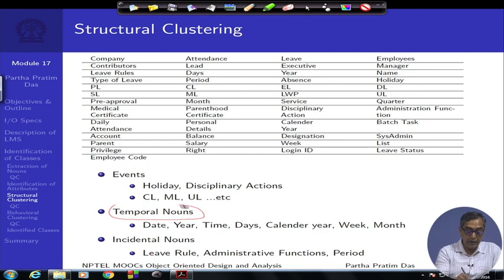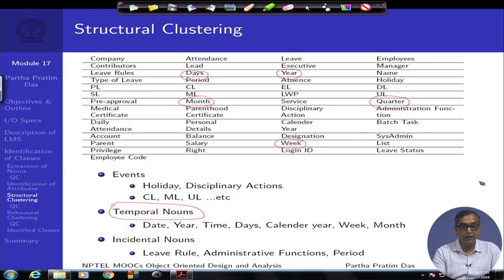Then certain things emerge from what you read. If you go back to the annotated document that you created by marking the nouns, you will find that nouns like week, year, particularly days, month, not only exist, but occur very frequently.